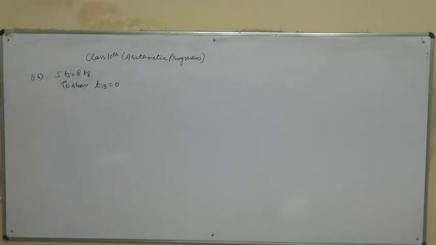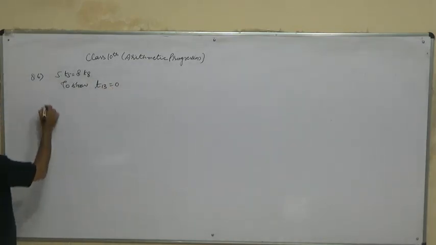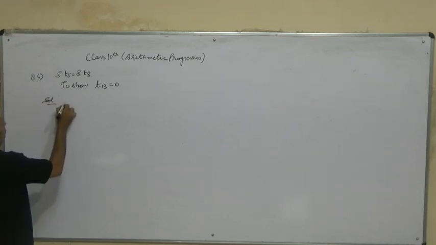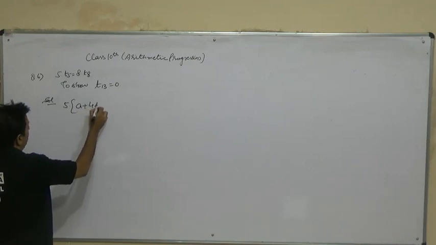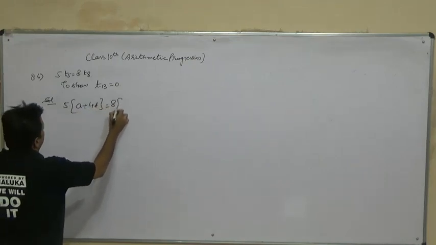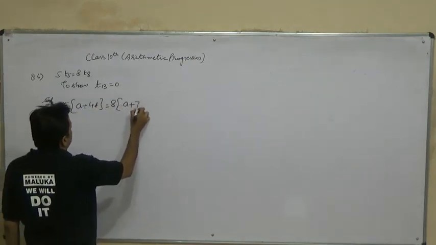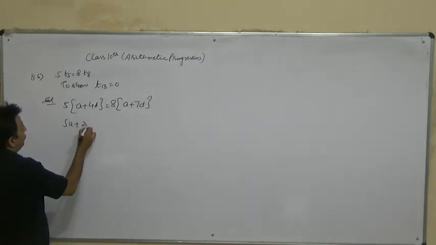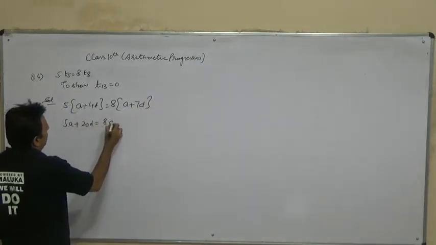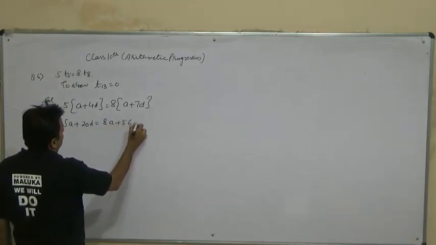So we start with the given. We are given 5 into T5. T5 will be A plus 4D, and 8 into T8, T8 is A plus 7D. So which is 5A plus 20D is equal to 8A plus 56D.